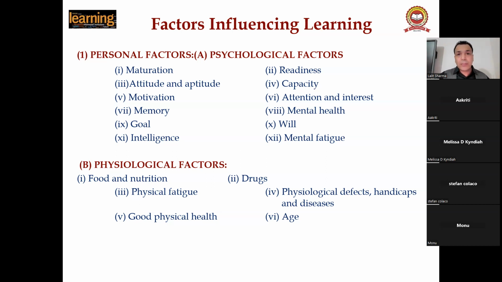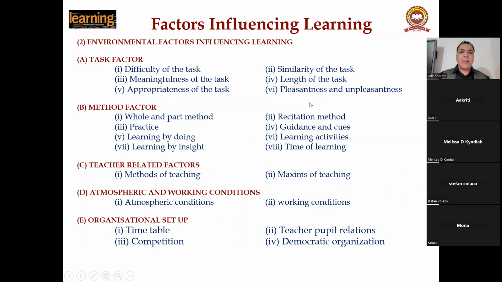Physiological factors: food and nutrition, drugs. That's why there is a food and nutrition break in the schools. You have seen that, because it also affects the learning. Physical fatigue, good physical health, age, and some environmental factors influencing the learning. Task factor, method.